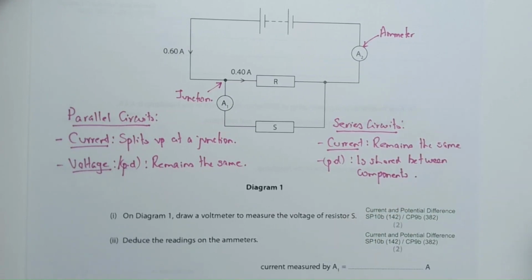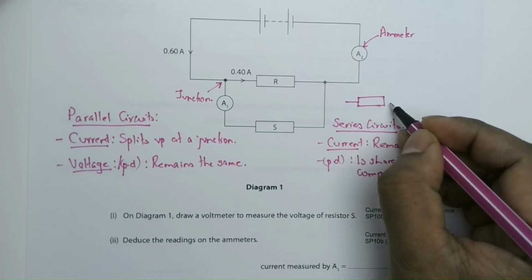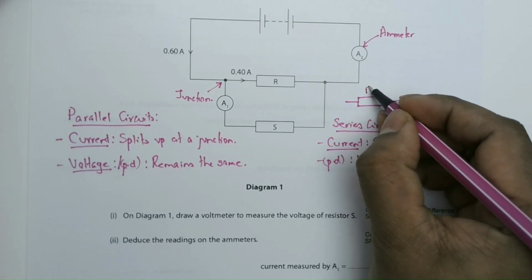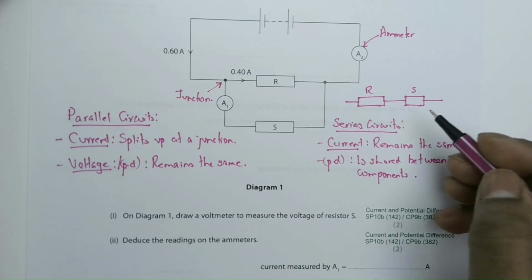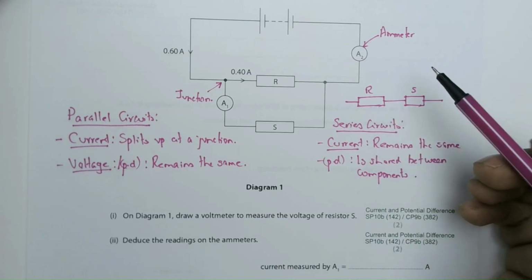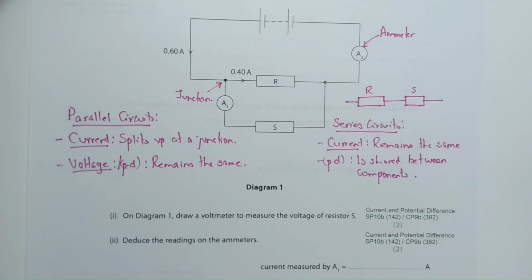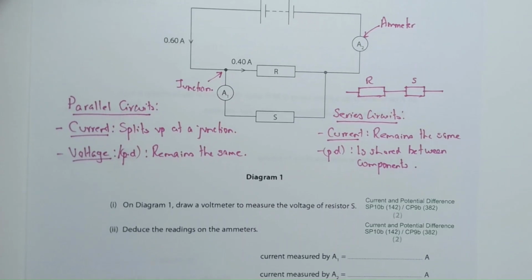So just to give you an idea what series circuits are, if these two resistors were connected like this, that is what you call a series circuit. So for R and S, the current would actually be the same, as current is the flow of electrons. You can make that definition separately, and the potential difference is shared. So if the power supply was 6 volts and they were identical resistors, it would be 3 volts and 3 volts. Let's move on to the question and what they're actually asking.